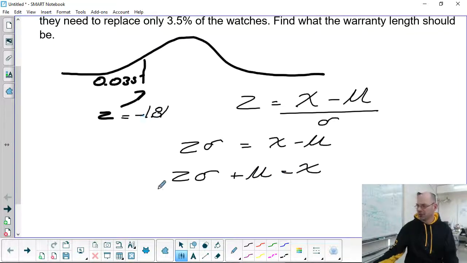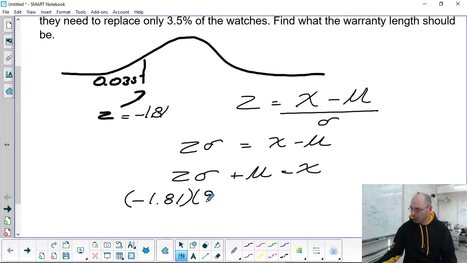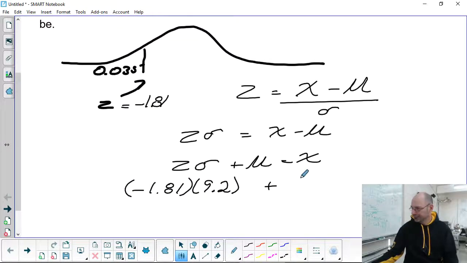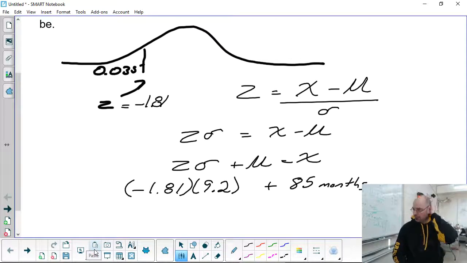Okay, so what should this warranty be? We got negative 1.81 times the standard deviation of 9.2 months plus the average that we have, which was 85 months. So we multiply that out.